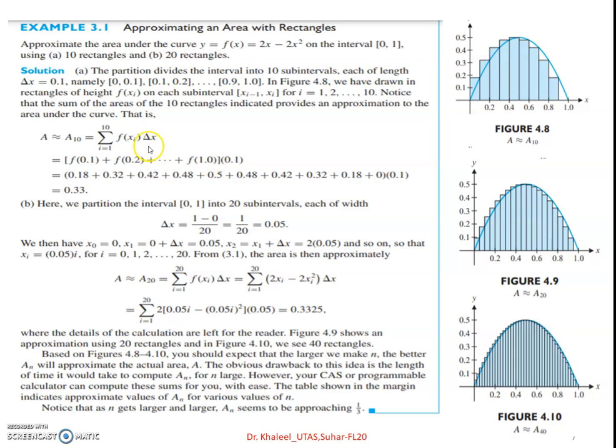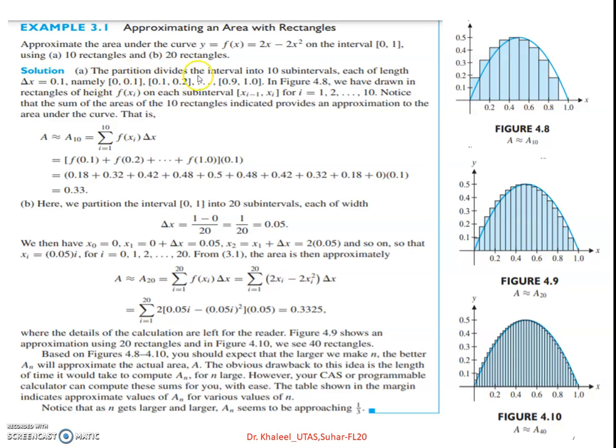Let's take an example here. Approximate the area under this curve on the interval 0 to 1 using 10 rectangles and 20 rectangles, in two parts.